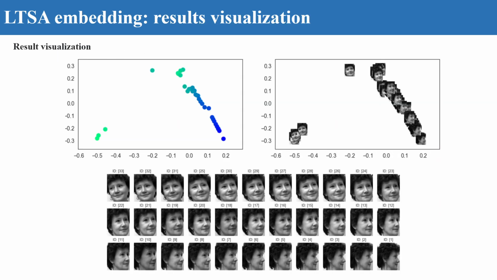We can see that the sorting result of the second row is somewhat confusing, but the first and the third rows are good overall.